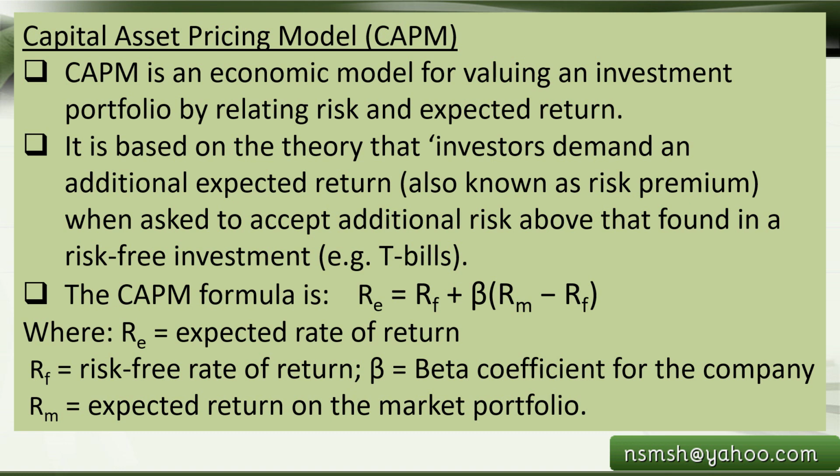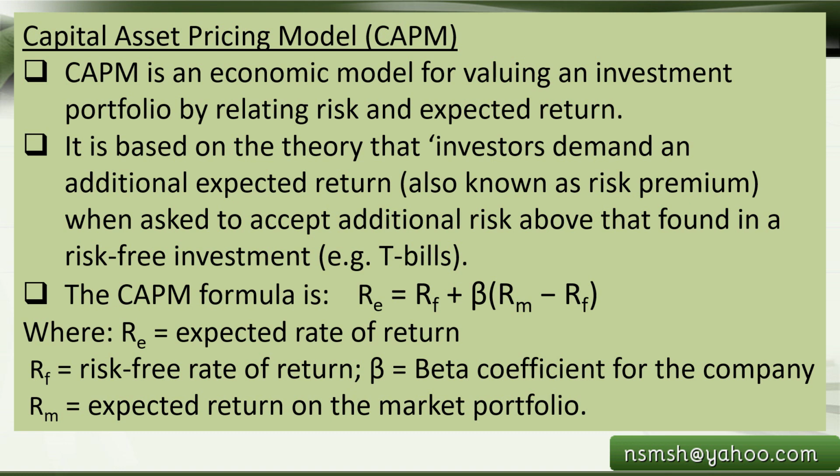Therefore, the CAPM formula is: the expected rate of return equals the risk-free rate of return plus the beta times the expected rate of return of the market minus the risk-free rate of return.